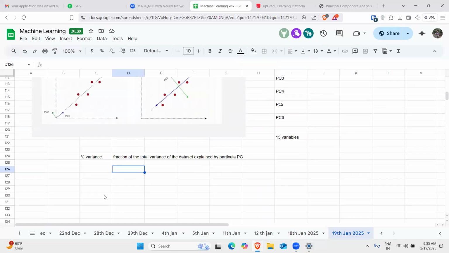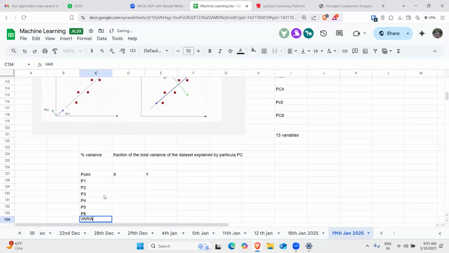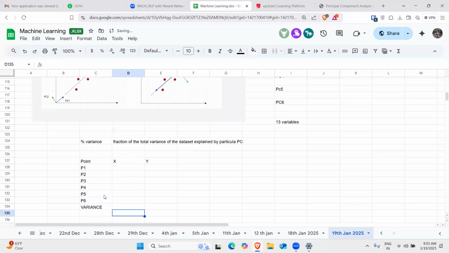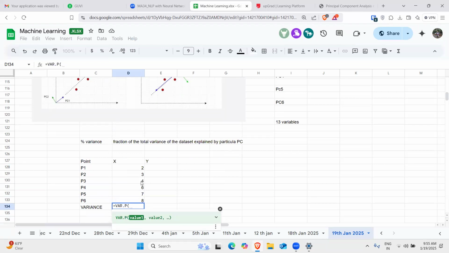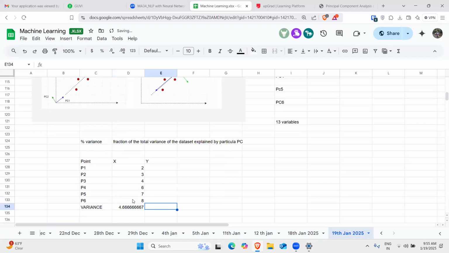So in the original data set, suppose you have points X and Y. This is P1, this is P2, this is P3, this is P4, this is P5, and this is going to be P6. This is going to be the variance, right? Suppose X is 3, 2, 3, 4, 6, 7, 8, and the variance of X is going to be 4.667.